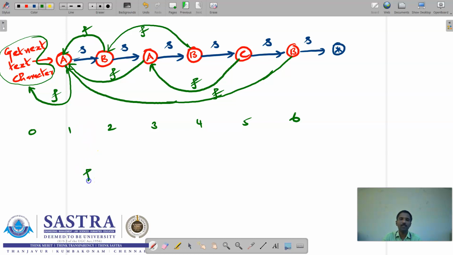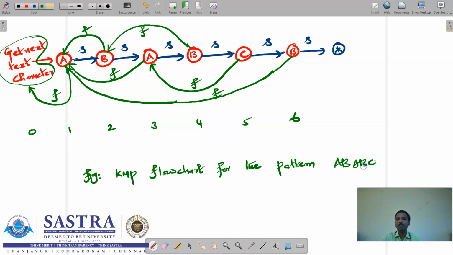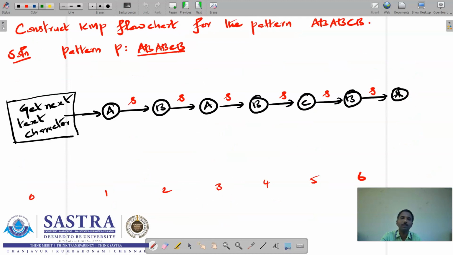Now let's write the figure: KMP flowchart for the pattern AB, AB, CB. For the pattern AB, AB, CB, we have identified the successful links in step number 1.